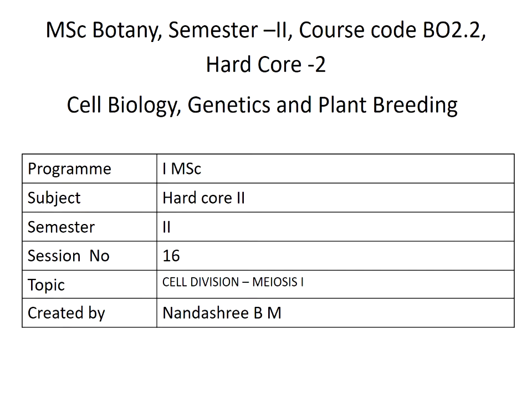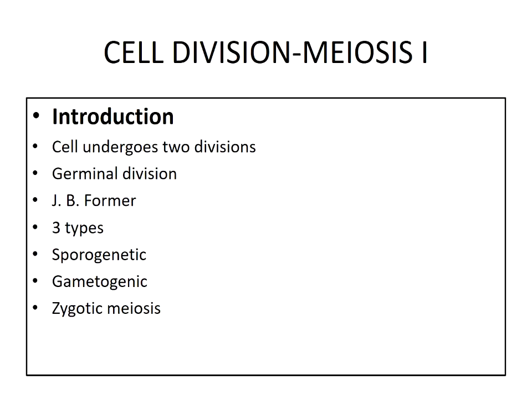In the last class, we studied cell division, in that mitosis, and in this class, let us study meiosis. First, let us know what meiosis is. It is defined as a type of cell division where the cell undergoes two divisions.